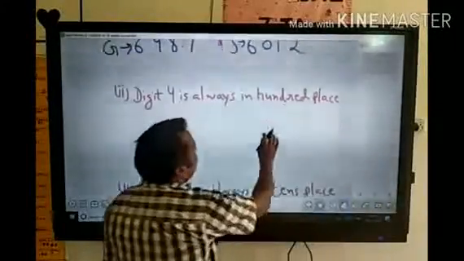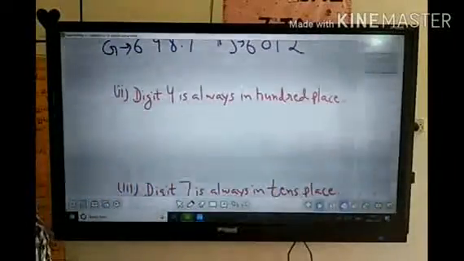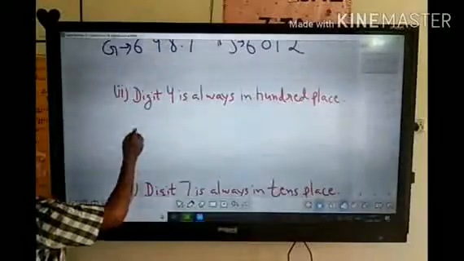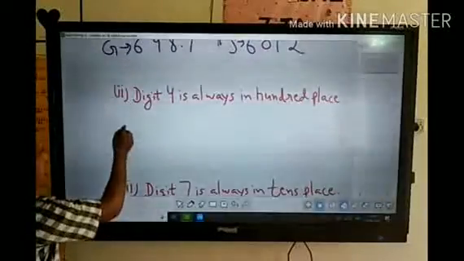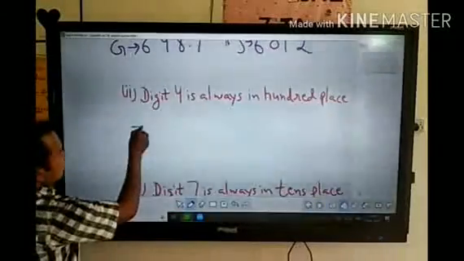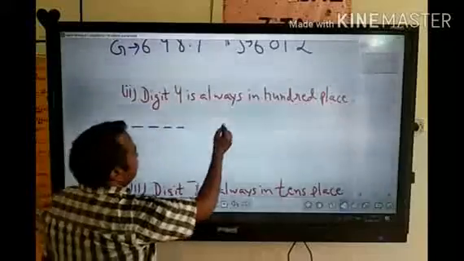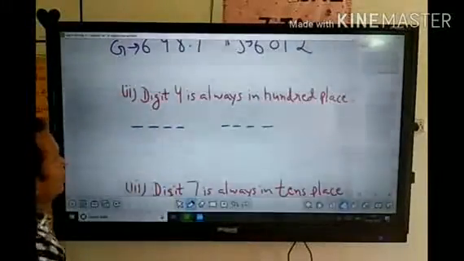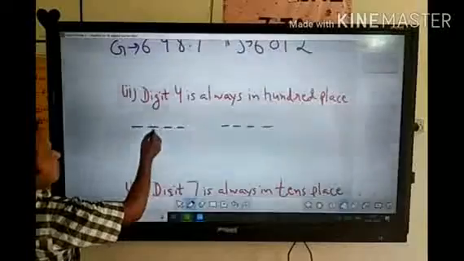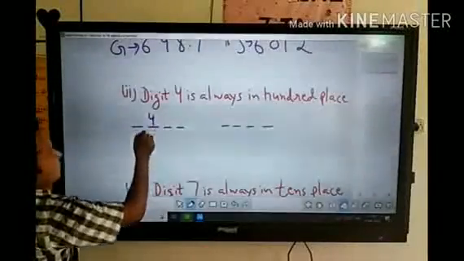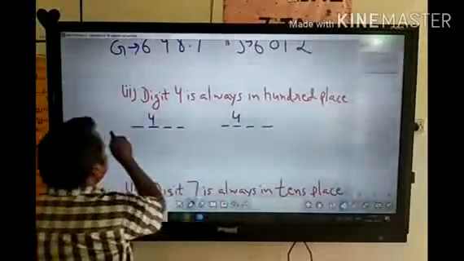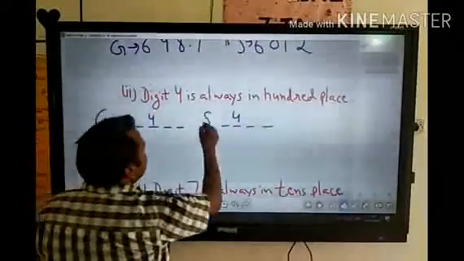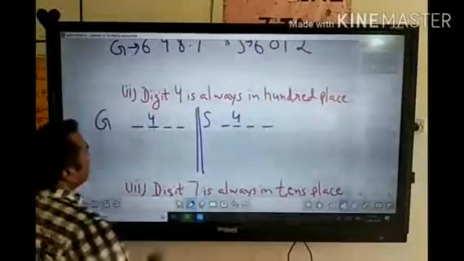Now, digit 4 is always in 100 place. 1, 2, 3, 4. Now digit 4 is always in 100 place. Where is 100 place? This. So I will fill with 4. This is the greatest and this is the smallest one.